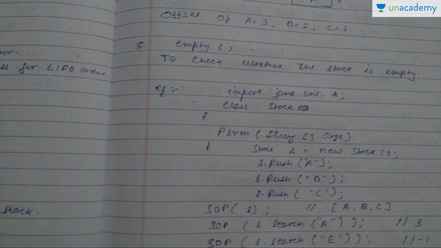Now we have written s.push("a"), so value a will be pushed onto our new stack. The next one is s.push("b"), so b will be pushed above a. The next one is s.push("c"), so c will be at the top of b. Now when we write System.out.println(s), it will be displayed as a, b, and c.